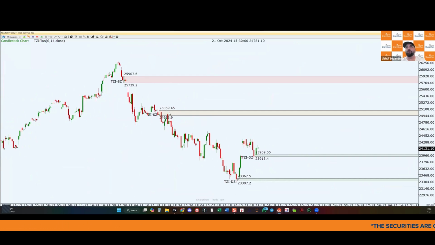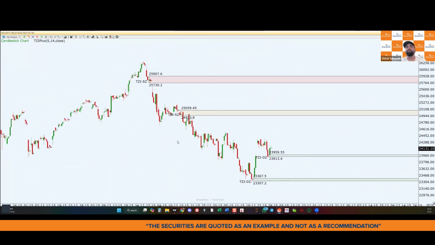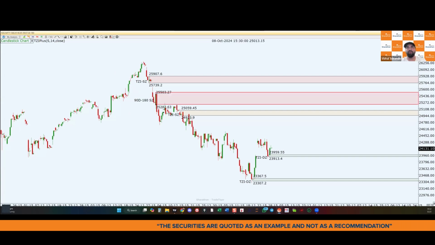So it is plotted in a different color. As you can see, slightly, it shows that the level has been tested. Of course, you do have this area over here, but I also sense that there will be something within this area also. So I'm just going to keep this level plotted, 25,202 to 25,503.